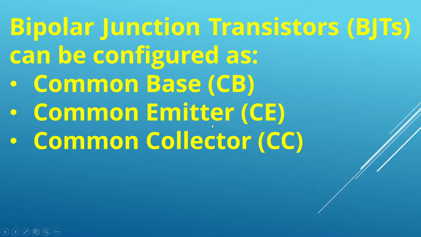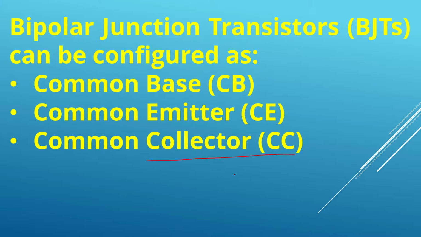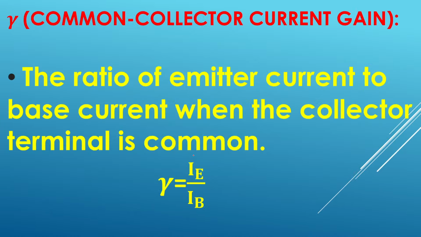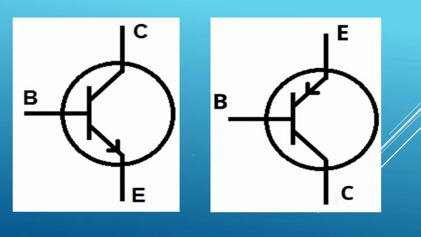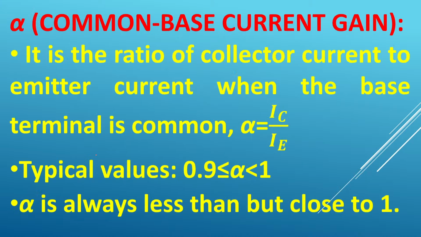Common emitter configuration means the emitter is common to both input and output terminals. Common collector configuration means the collector is common to both input and output terminals. Let us go back to our main concept, current gain parameters of bipolar junction transistors. One of the current gain parameters is alpha.